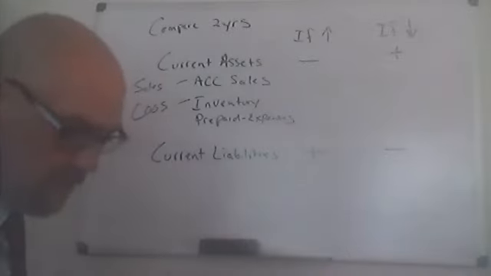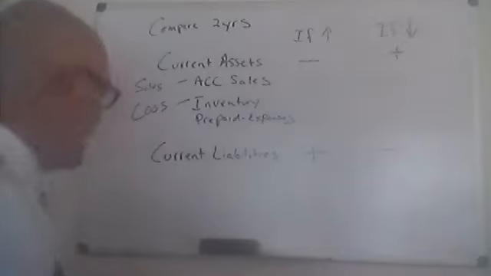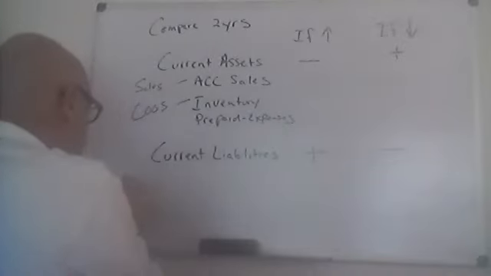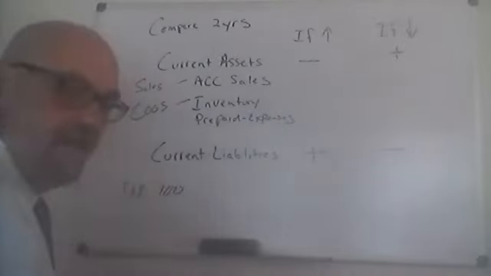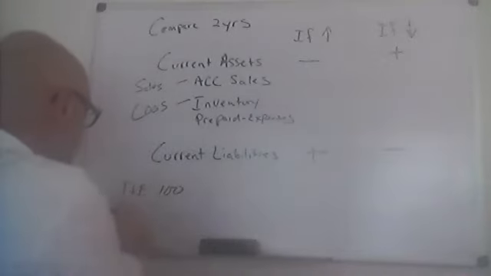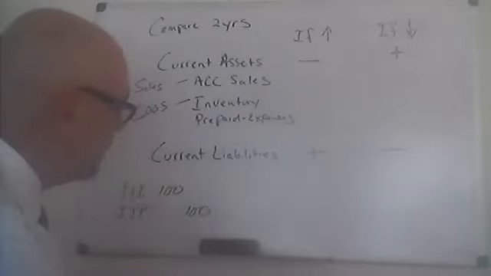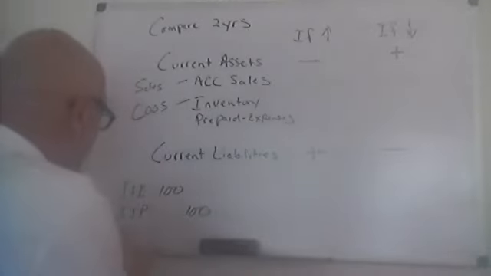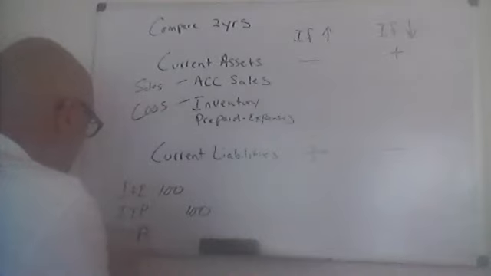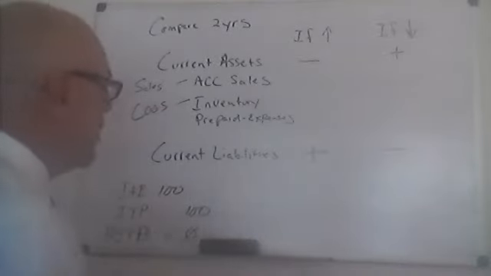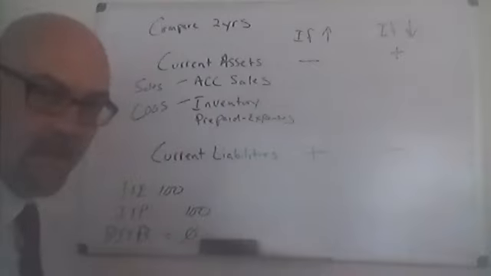The same principle applies. If you think about it here, let's say we have income tax expense of 100 on the income statement. We did not pay it, so that means we have an income tax payable of 100. If our income tax payable at the beginning equaled 0, it would have increased by $100.